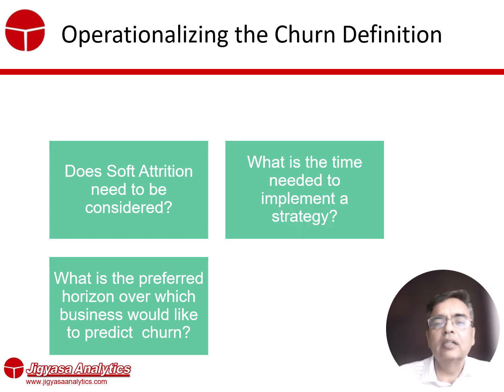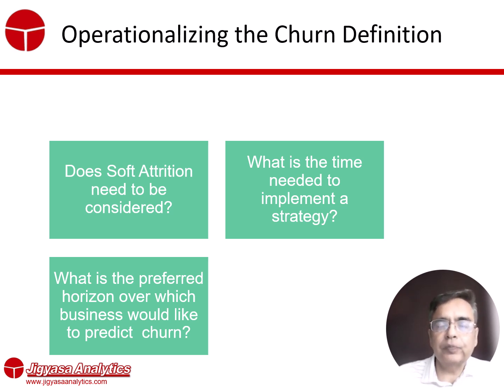And then, what is the time needed to implement a strategy? You are doing this churn model because you want to understand who is likely to churn in the future, the future being defined as a time horizon. Why are you doing this? You're doing this so that you can take some preventive action and prevent the churn. And so the question becomes, how much time do you need to put a strategy together and implement it for this customer?